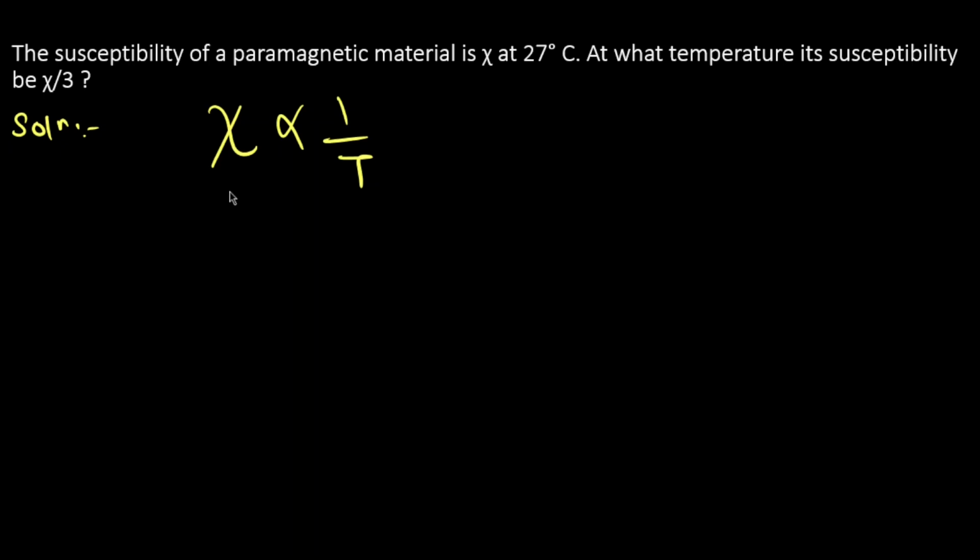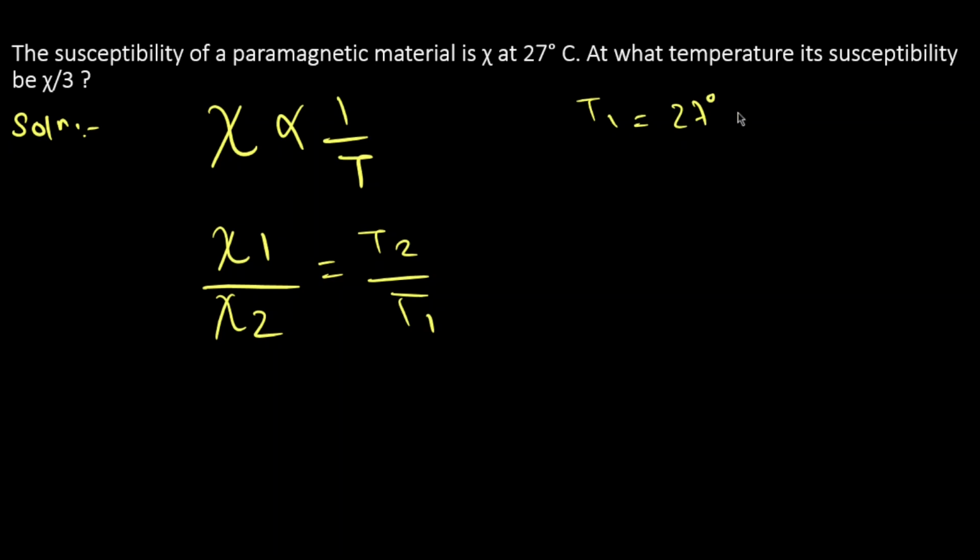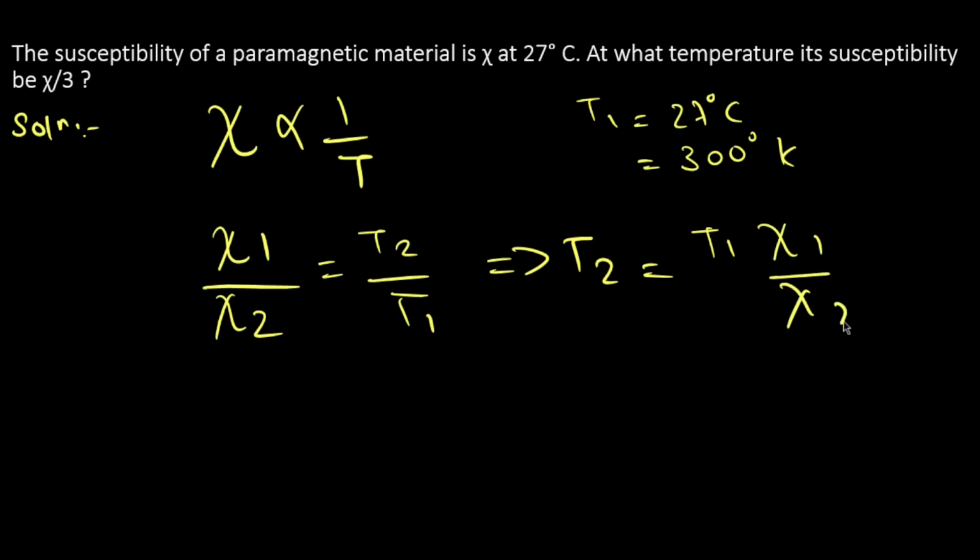So the susceptibility at temperature 27 degrees will be chi 1, and the susceptibility chi by 3, let's take it as chi 2, which will be T2 by T1, and here T1 is equal to 27 degrees Celsius, which is 300 Kelvin. We need to calculate T2, which implies T2 will be equal to T1 into chi 1 upon chi 2.